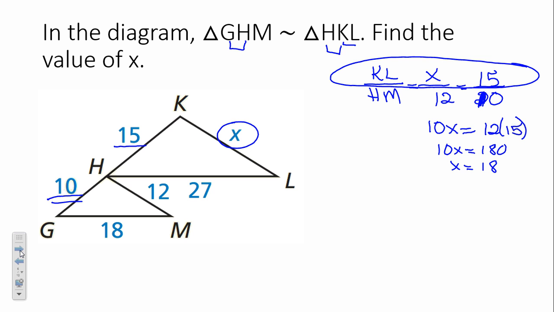But you can't start with one, say x is to 12 as 10 is to 15. Whatever you started with in the numerator has to be what you end up with in the numerator on the second proportion. Okay? Yes. Okay. All right.